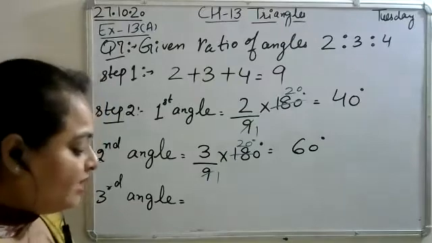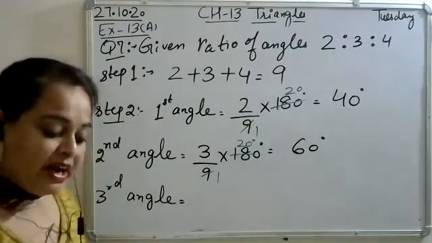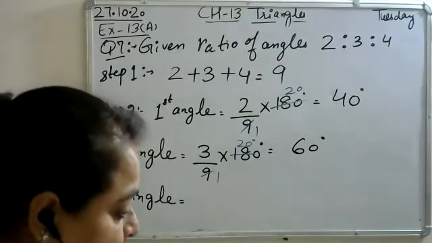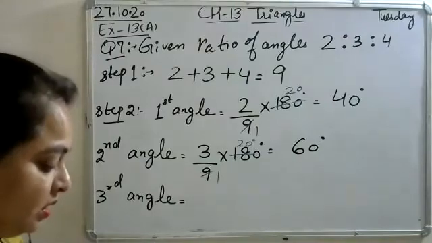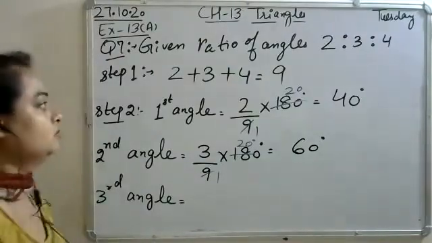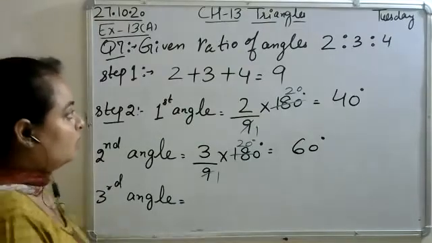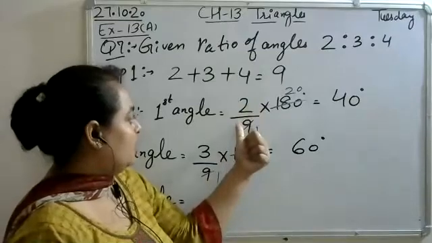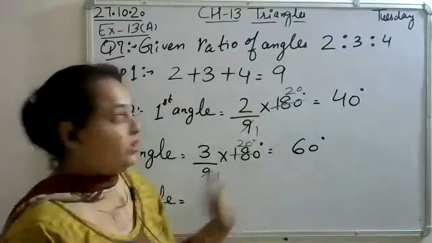Now, how can you find the third angle? Ishpreet, tell me, how can we find the third angle? Yes. The first angle is 2 by 9. The second angle is 3 by 9. Then what is the third angle?